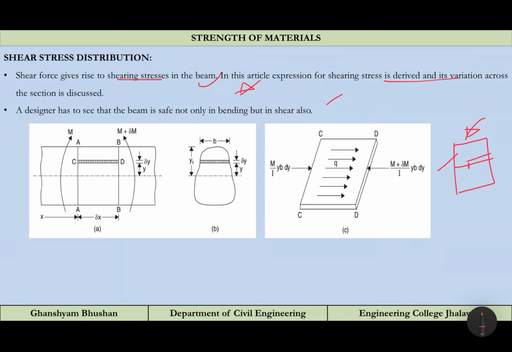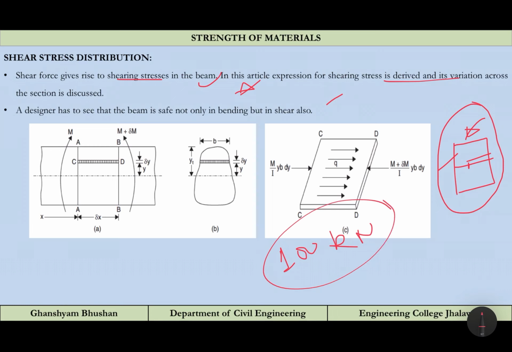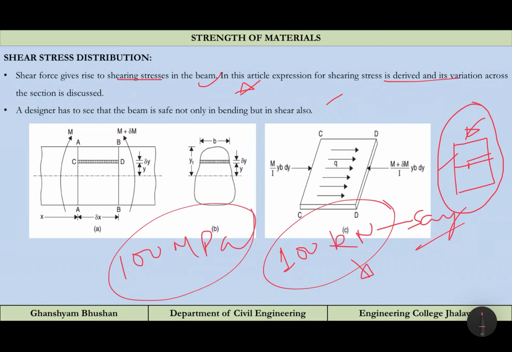How are we going to say that the structure is safe? Each and every component should be safe for the given loading. Let us say a 100 kilonewton load is there. I am just saying any number. Due to this 100 kilonewton load, each and every component of the building should be safe. Let us say 100 megapascal is the allowable stress, depending on the material.